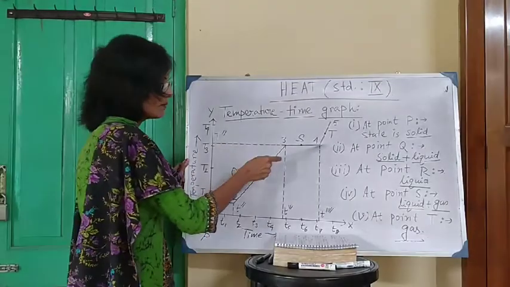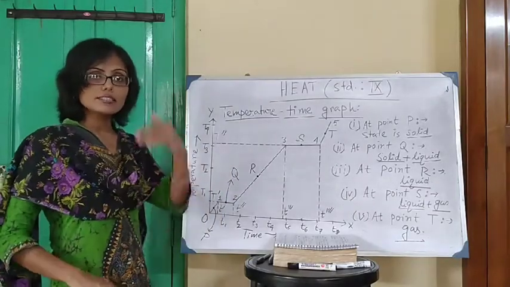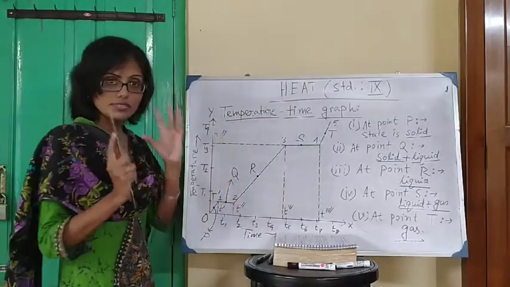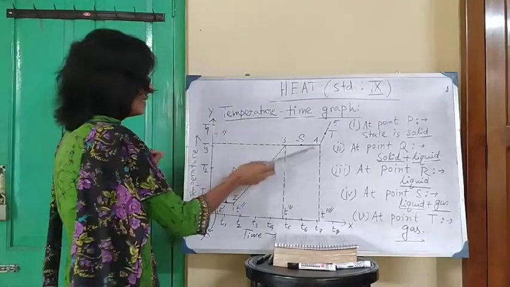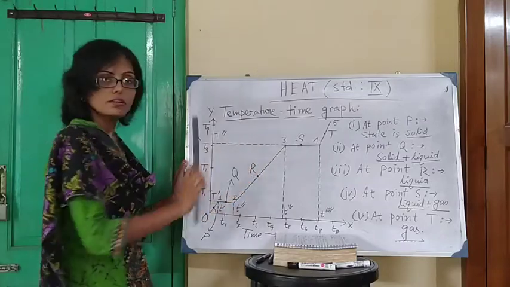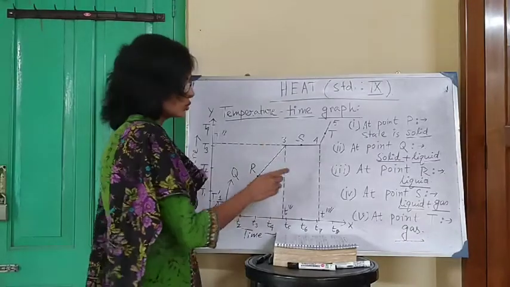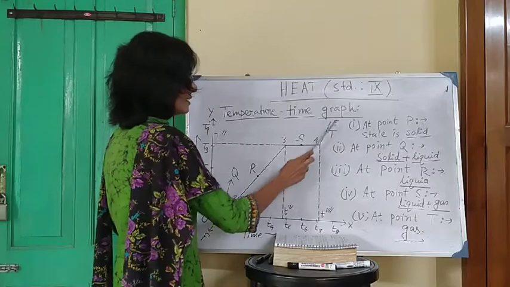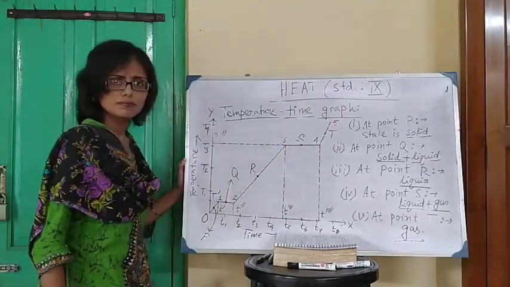When the matter reaches point 4, the entire liquid has turned into gas. Clear? Throughout the process from 3 to 4, the temperature remains at big T double prime. Again heat is supplied, so the temperature of the gas increases and it reaches point 5, and the process will continue.